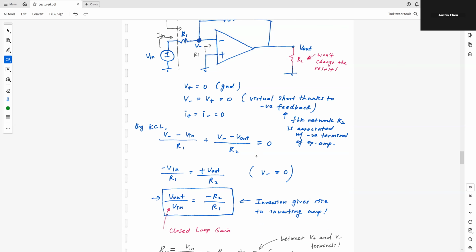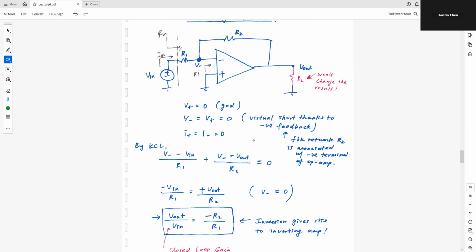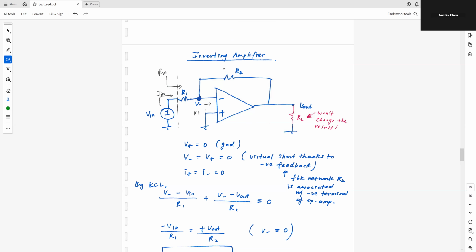If you look at the closed loop gain, V out over V in, the inverting part actually indicates that you have a negative sign associated with your closed loop gain. So how do we tell whether this amplifier is inverting or non-inverting? Well, this has to do with the configuration of your circuit, so this is what I'm going to discuss next.